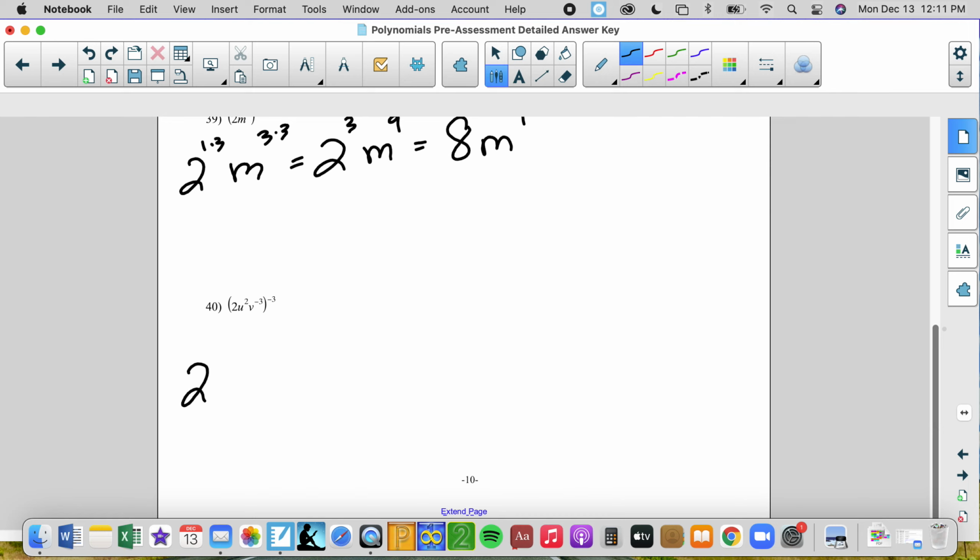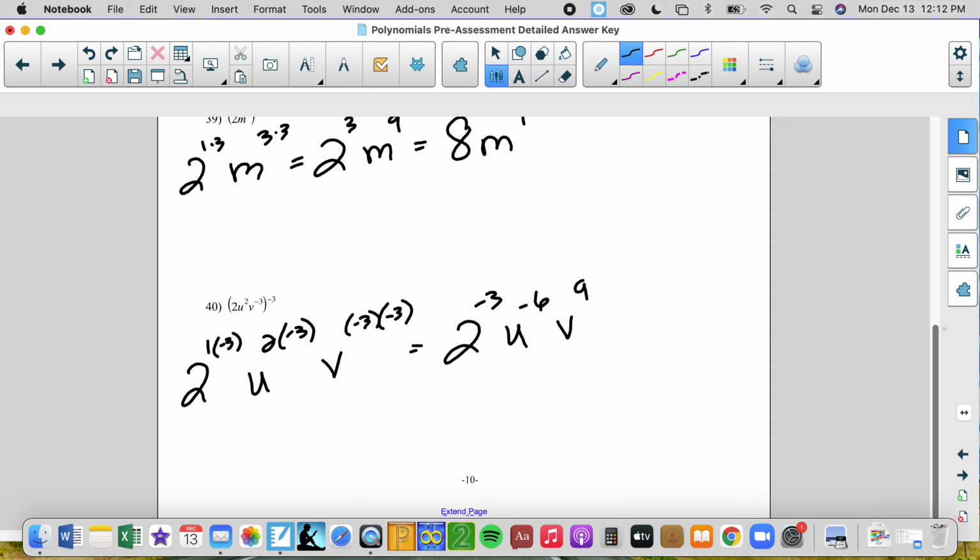Distribute this, 2 to the 1 times negative 3, u to the 2 times negative 3, v to the negative 3 times negative 3. 2 to the negative 3, u to the negative 6, v to the ninth. This is all in the numerator, remember.